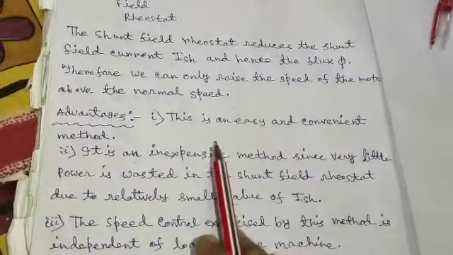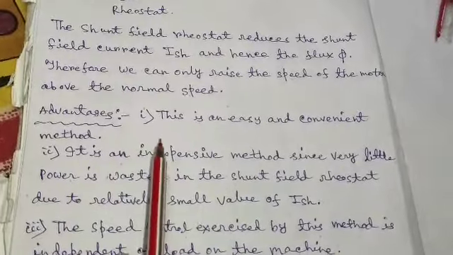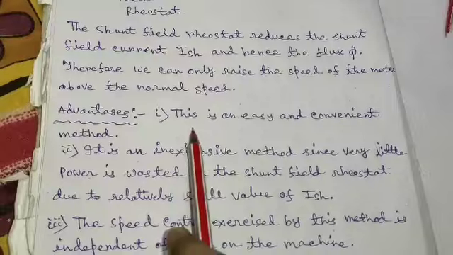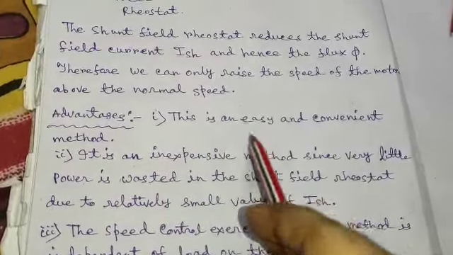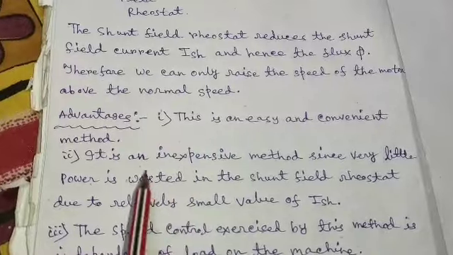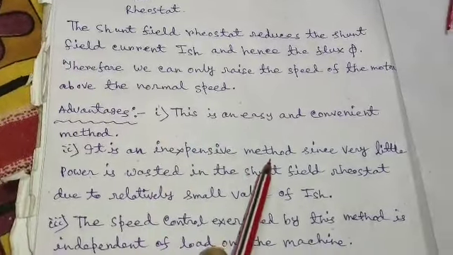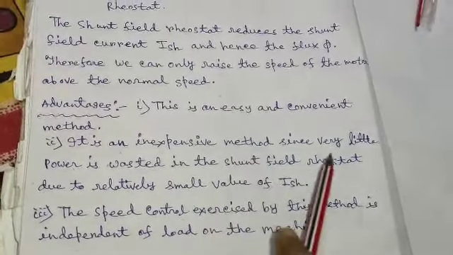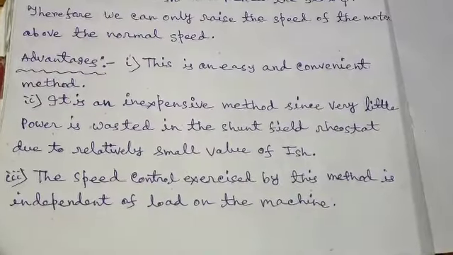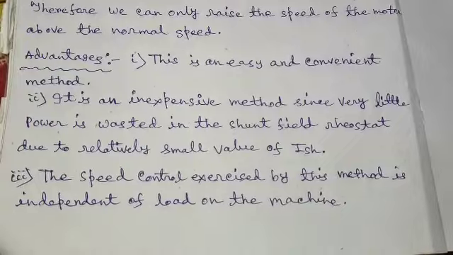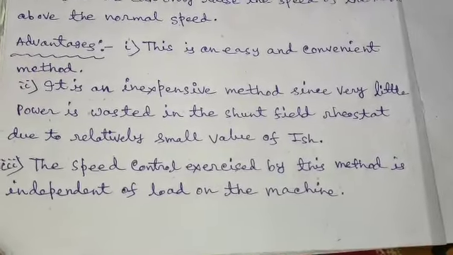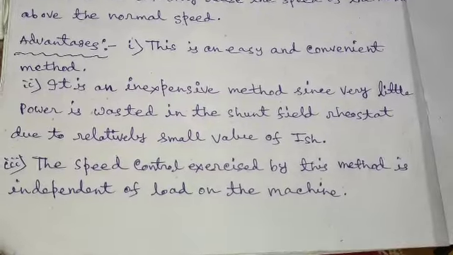Now there are some advantages and disadvantages. First, this is an easy and convenient method. Second, it is an inexpensive, less costly method, because very little power is wasted in the shunt field rheostat due to the relatively small value of ISH.